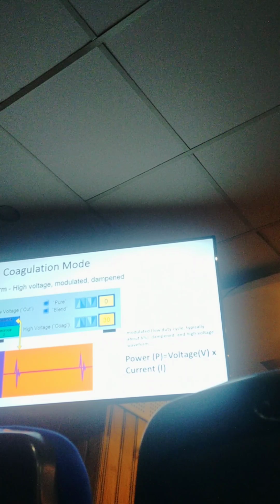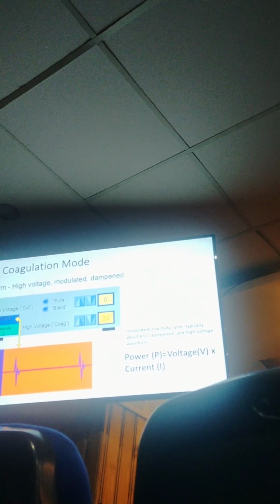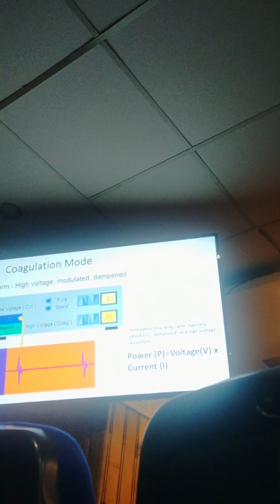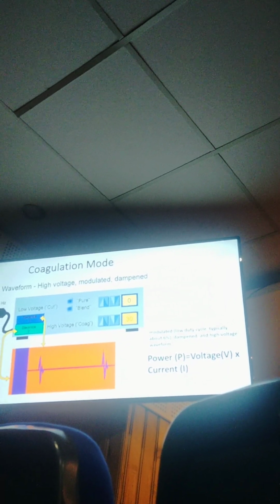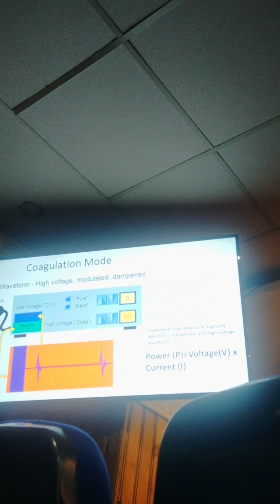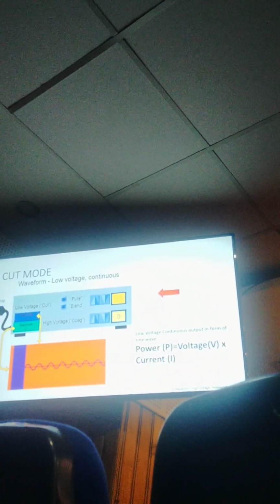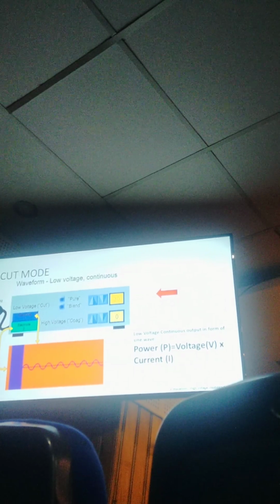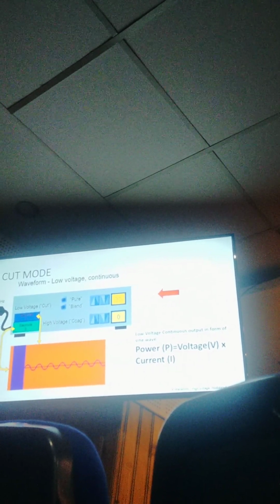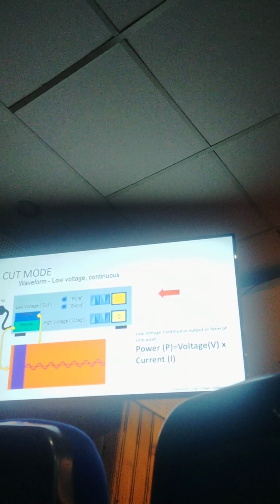Suppose we activate the device for 100 seconds, the actual current flow will occur for only 6 seconds. This is the difference. Whereas in cut mode, if you activate the device for 100 seconds, the current will be flowing for 100 seconds.